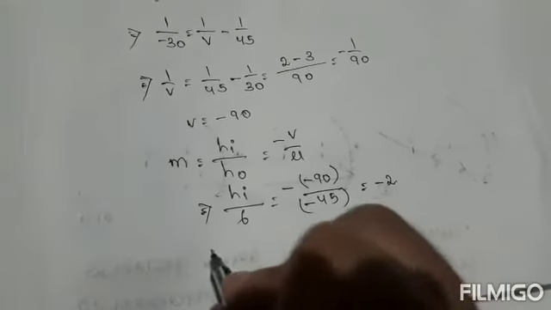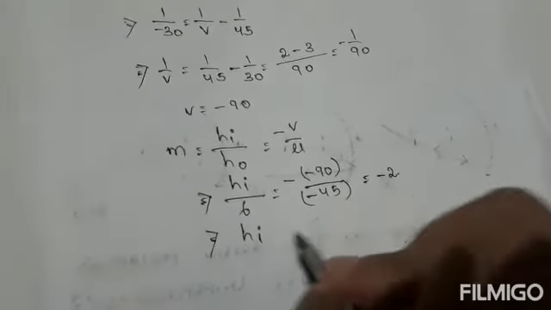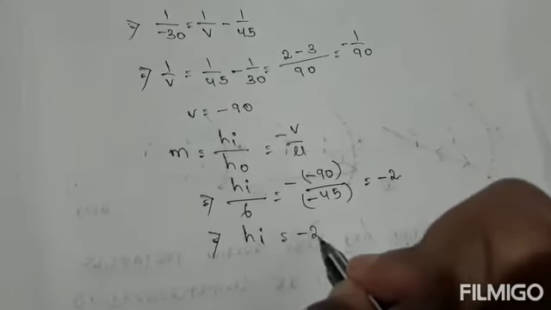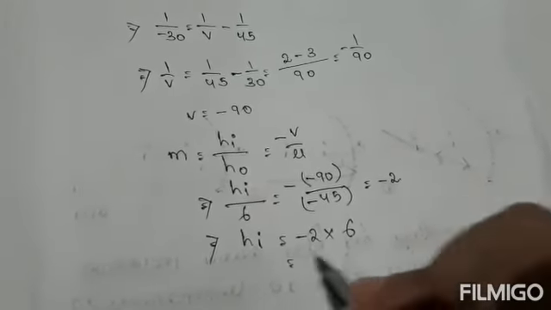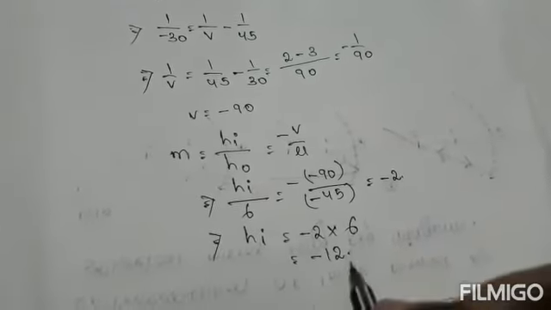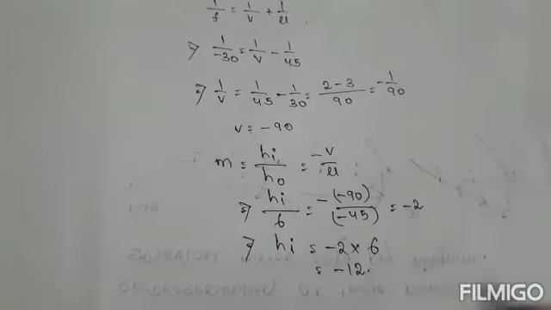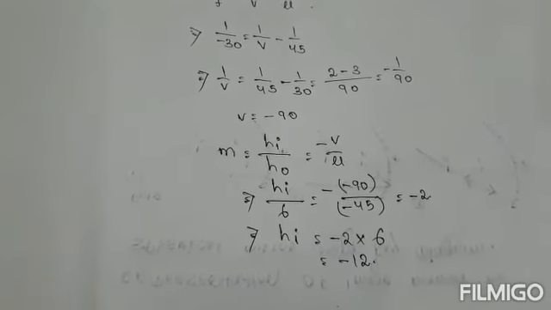So height of the image equal to minus 2 into 6 equal to minus 12. Here magnification is 2, so height of the image is 12, but due to minus sign in the magnification, the image is inverted.